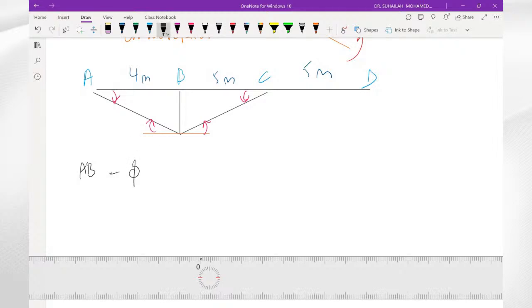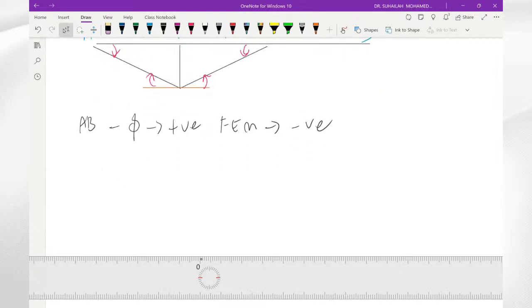The angle is positive, so FEM will be negative. So we just need to apply FEM AB equal to FEM BA. It is negative, so we put negative.